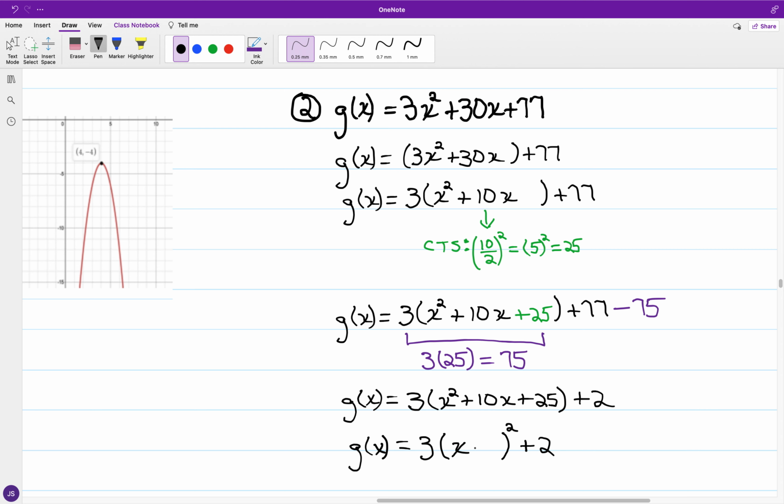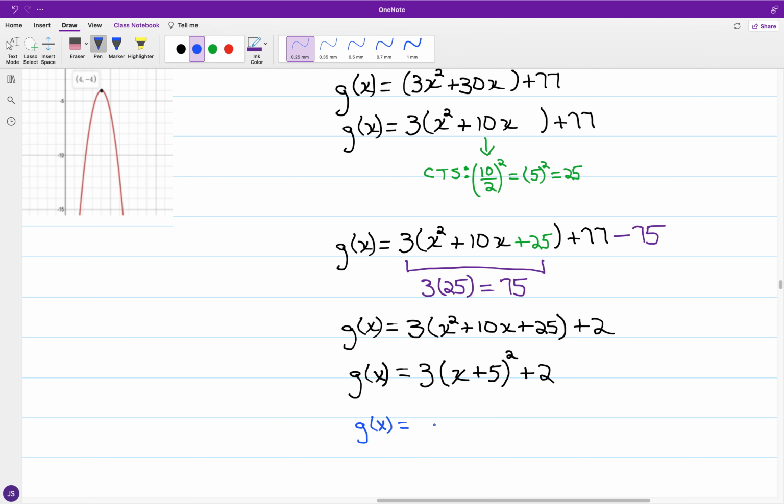Okay, and so for the general layout, you have g of x, which is a functional notation for what we say is y.